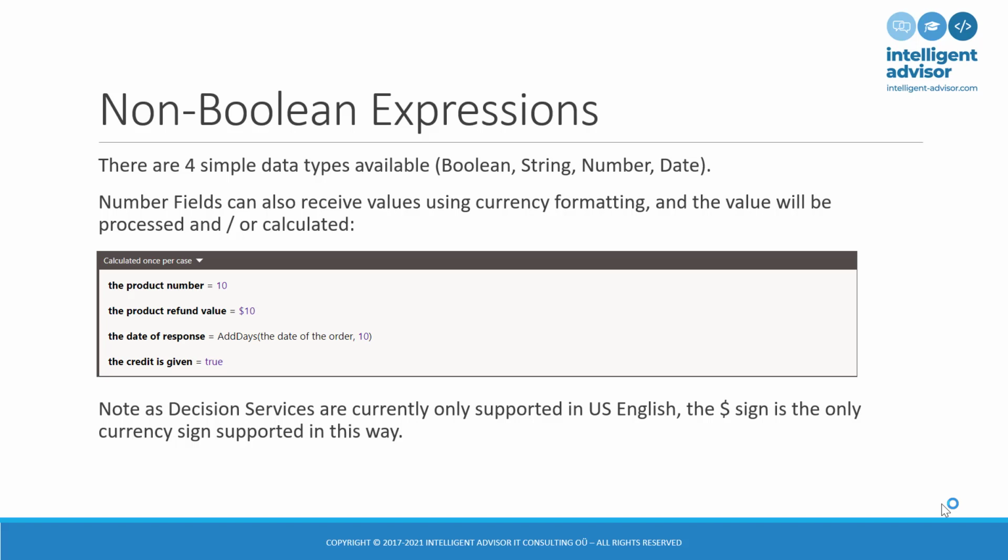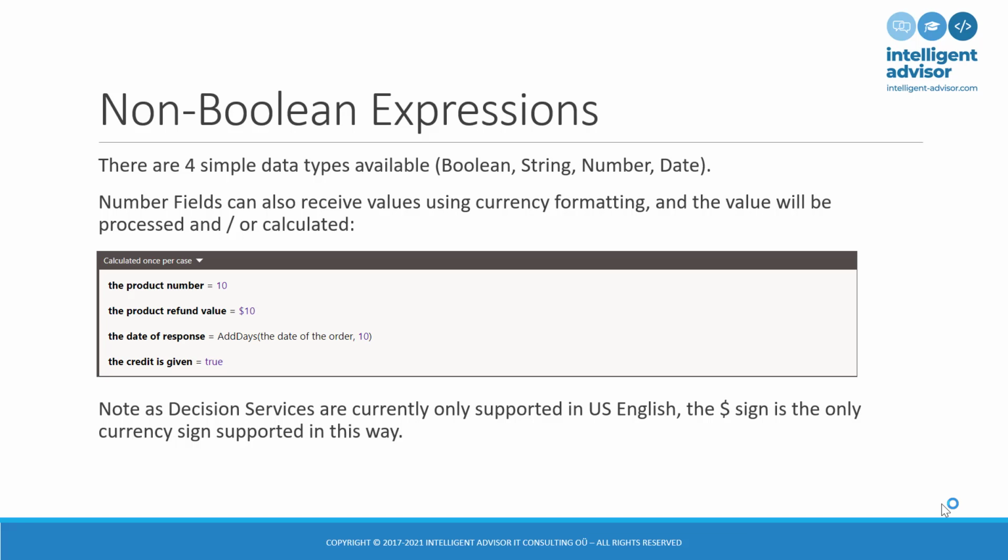Number fields, as you saw in the previous screenshot, you can use the dollar sign, so you can use currency formatting. But because decision services are currently only in US English, the dollar sign is the only currency sign that you're allowed to use. So here are 4 examples. The product number equals 10, that's a numeric value. The product refund value equals $10.